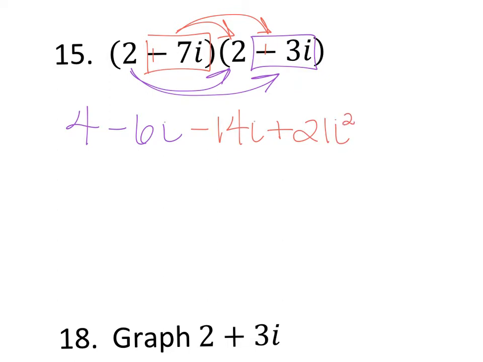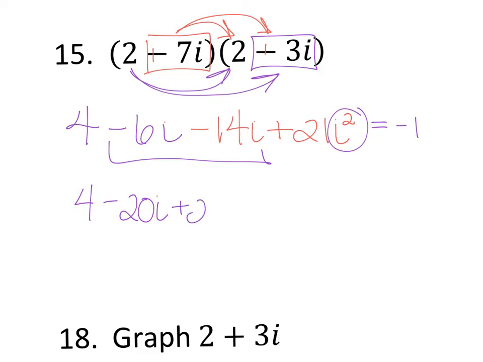Alright, so if I were to simplify this even more, I can see these two terms can be combined. So I have 4, a negative 6 minus 14. Again, we're working backwards. We have a negative 6 and we're minusing more. So it's going to be a negative 20i. Alright, then I have a plus 21i squared, but we know from experience i squared equals negative 1. So I have a plus 21 times negative 1.